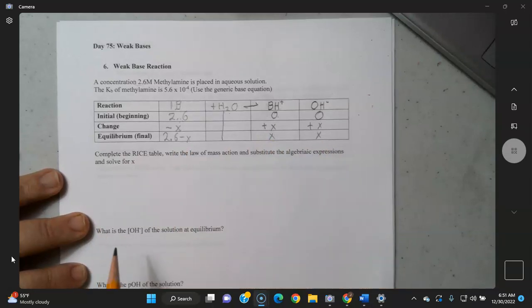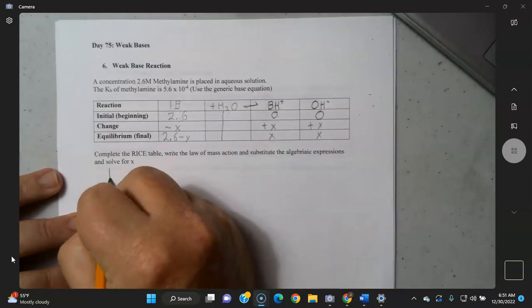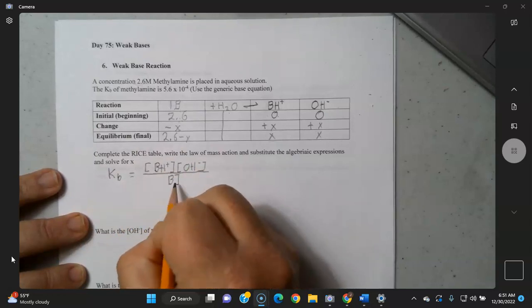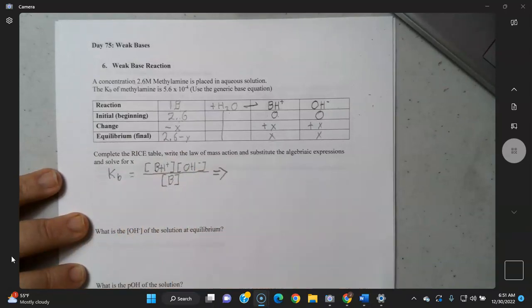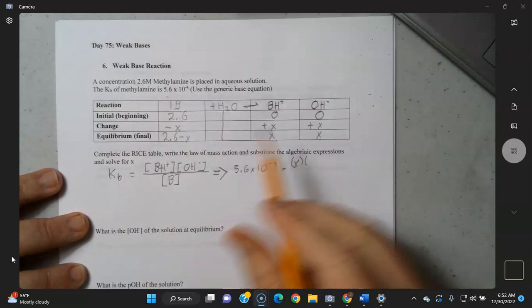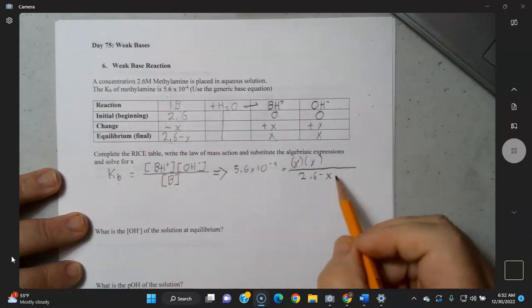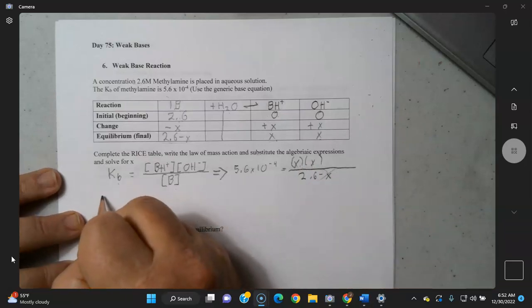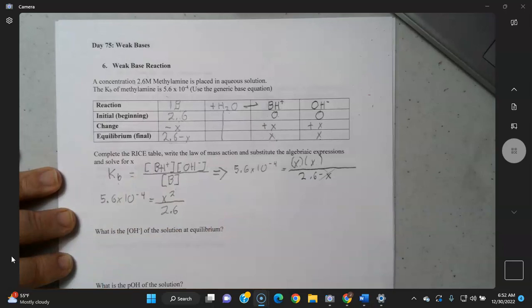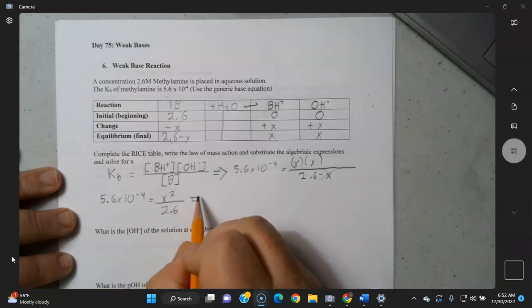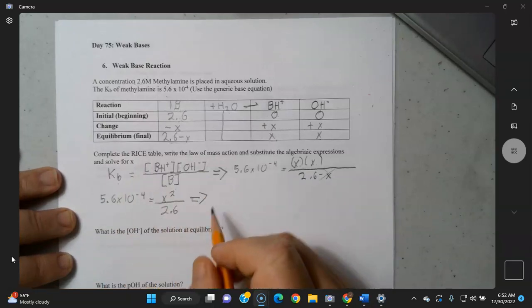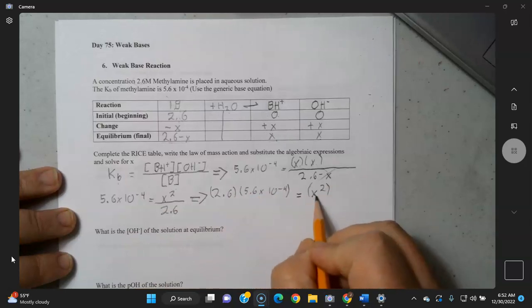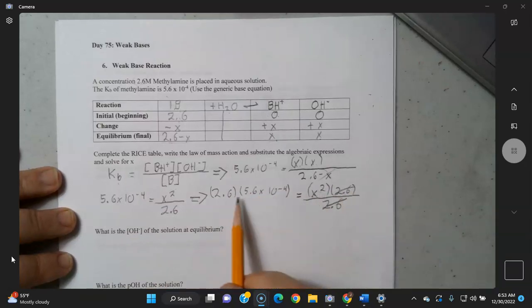Now we're going to go ahead and write the law of mass action using a Kb. Now we're going to substitute the values. Okay, we're going to use the simplifying assumption to eliminate that X. We're going to put those together to make them X squared, so we come down here. Okay, we're going to come over here, multiply both sides by 2.6. Okay, now we have X squared equals this.